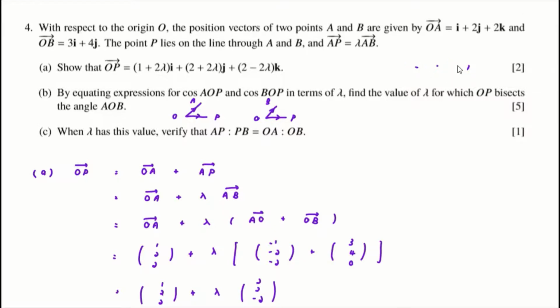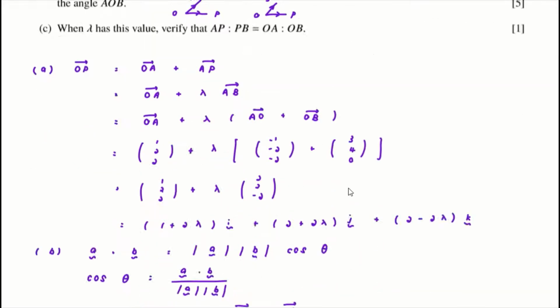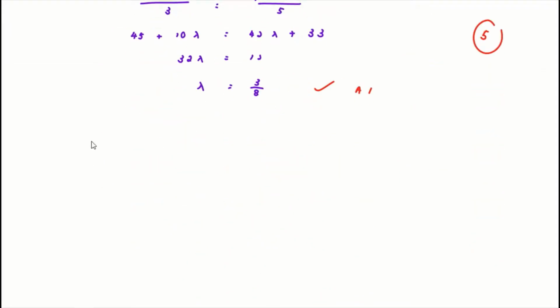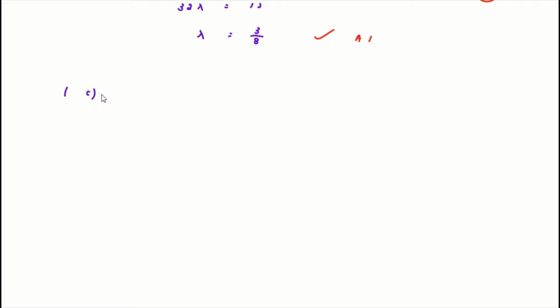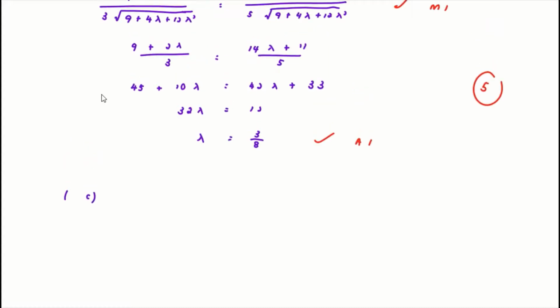So what they mean here is basically the magnitude of AP to BP is the same as the magnitude of OA to OB. So this thing is going to be quite long, and I need to redo the whole thing again. So this is part 3, is C, is it? Yeah. Okay, so maybe let's try to do the easier one first, OA and OB, because we already have it from what we did previously.